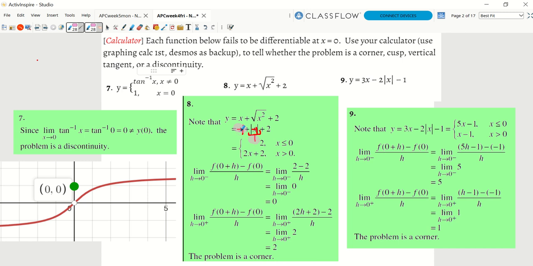If you pick negative 4 here and negative 4 here, the absolute value of negative 4 becomes positive 4. And this negative 4 and positive 4 cancel each other out, and you're left with just a clean 2.